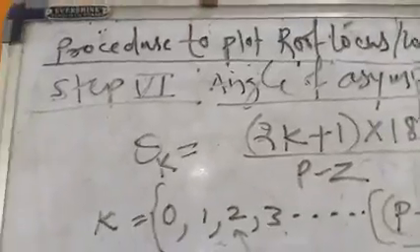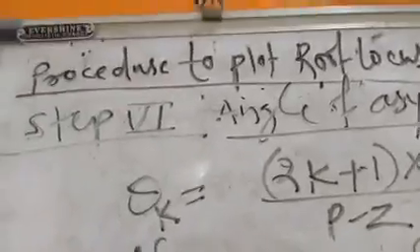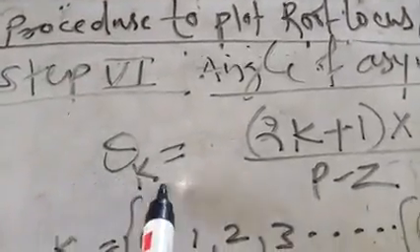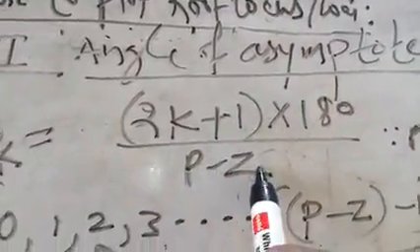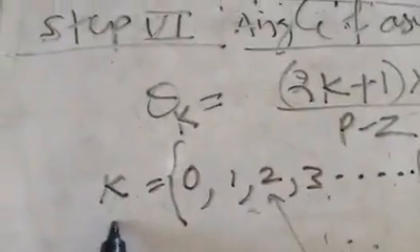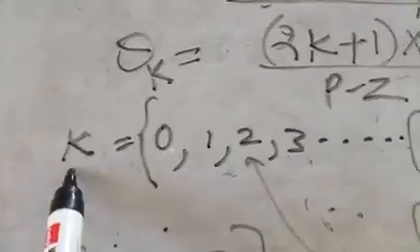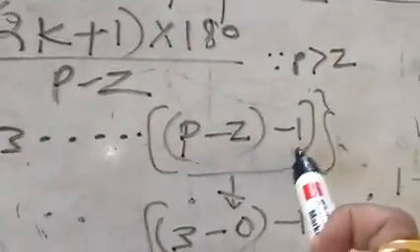Now the next step is step 6, angle of asymptotes. This is the formula for the angle of asymptotes: theta k is equal to (2k plus 1) into 180 divided by (p minus z). What is k? K is an integer. The value of k is 0, 1, 2, 3, 4 and so on, up to p minus z minus 1.